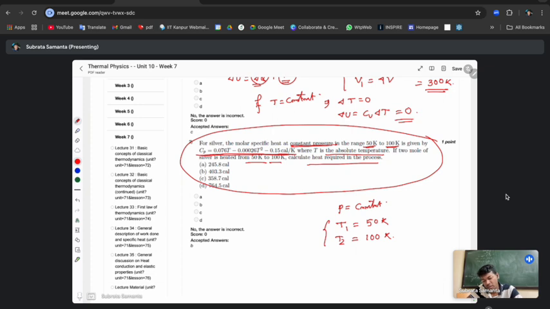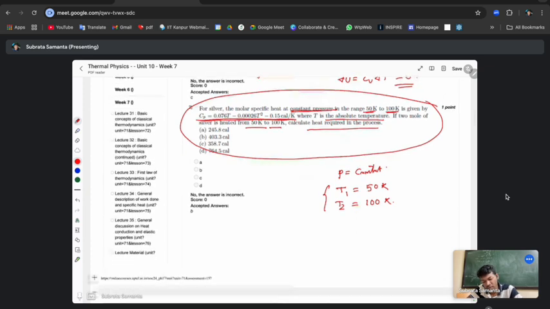The molar specific heat is given. Because pressure is constant in the problem, we denote the molar specific heat at constant pressure as Cp.